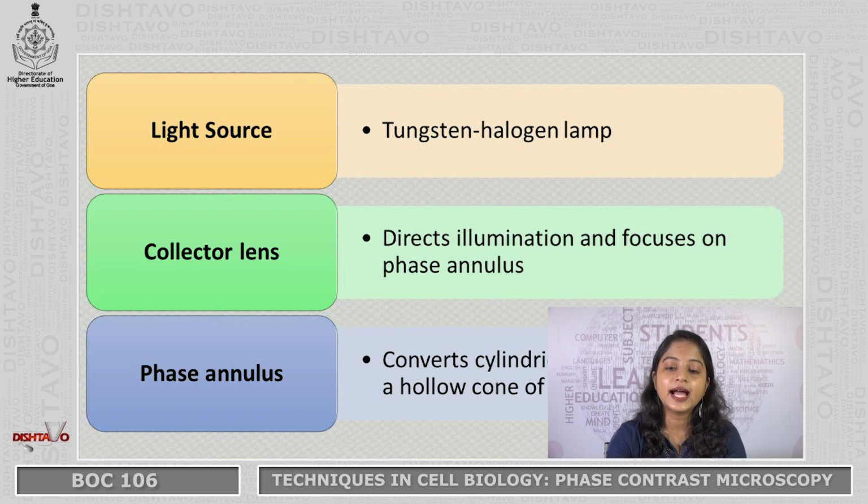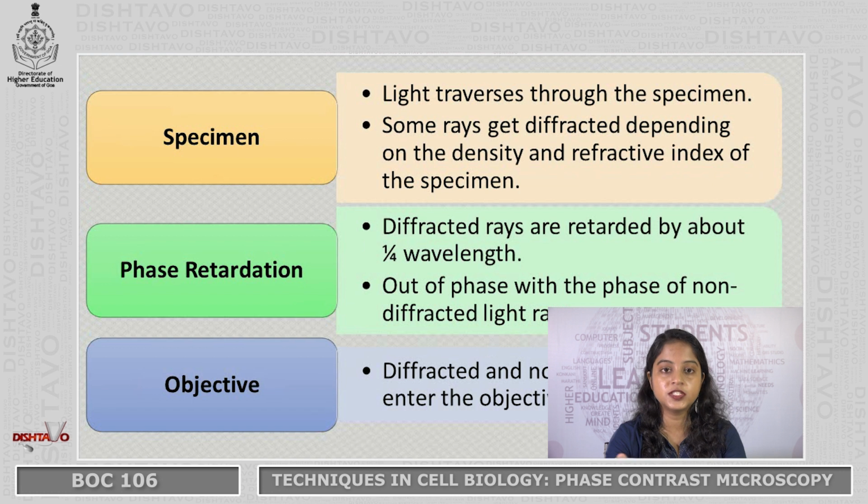Here the light traverses through the specimen. Some rays will get diffracted depending on the density and refractive index of the specimen. Density and refractive index play a very important role in the formation of your image.